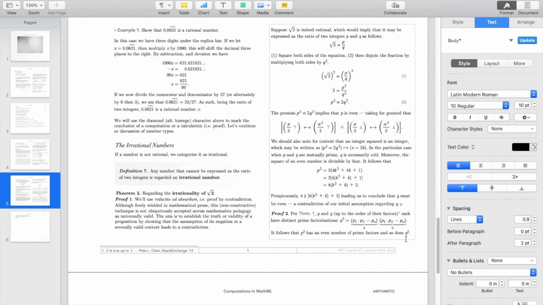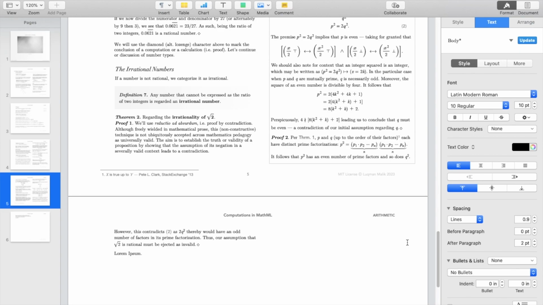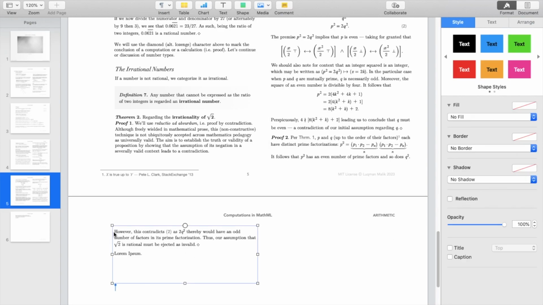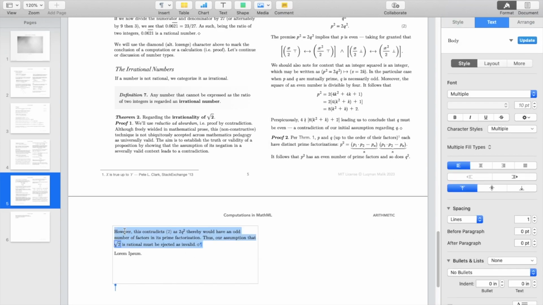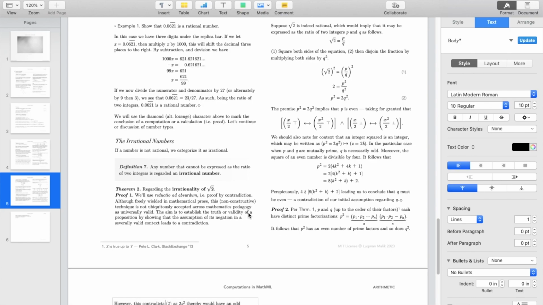Number of prime factors, and then Q squared is, again, just a doubling, so we end up with 2 times that many, so it's an even number of prime factors. However, this contradicts equation 2, or step 2, previously established up here. Okay, what does that look like?